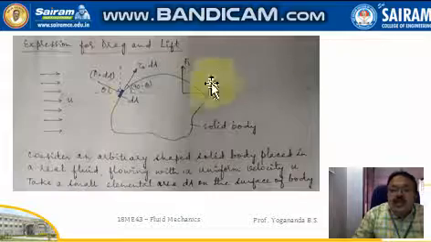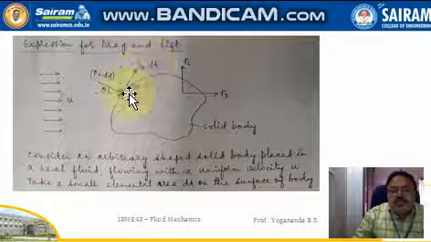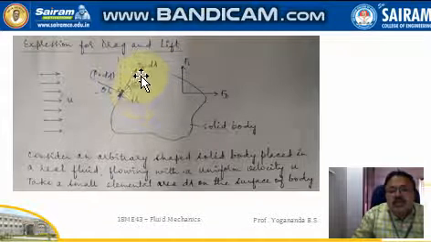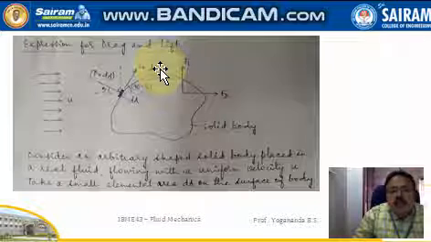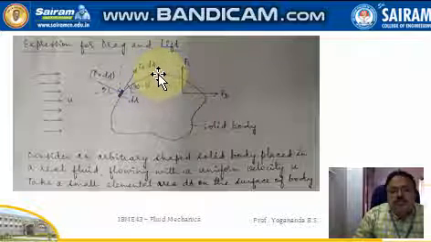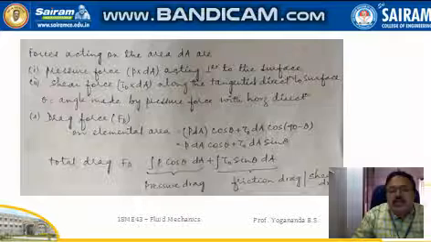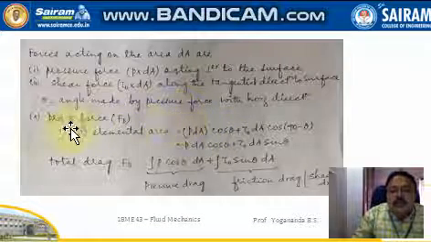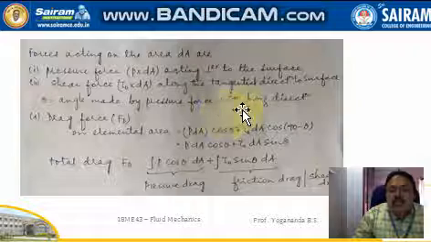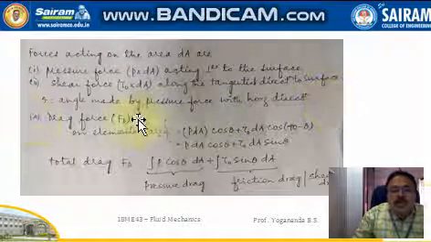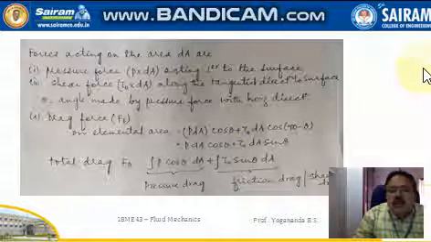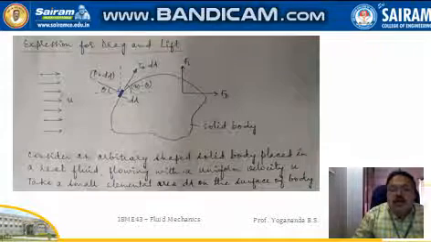Then we have the shear force. The shear stress is tau, multiplied by the area. Stress is equal to force by area, so force is equal to stress into area. That acts in the tangential direction to the surface. Theta is the angle made by the pressure force with the horizontal direction.